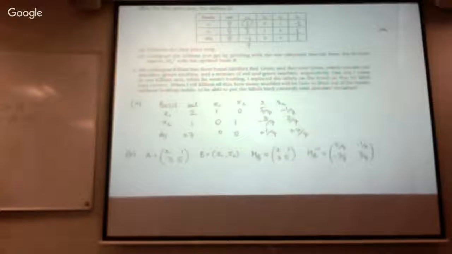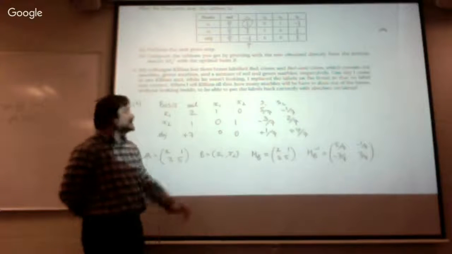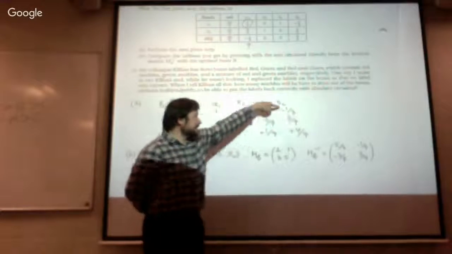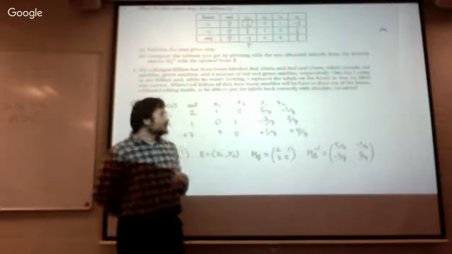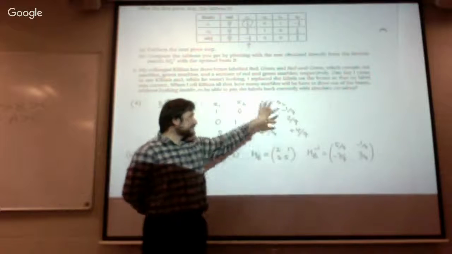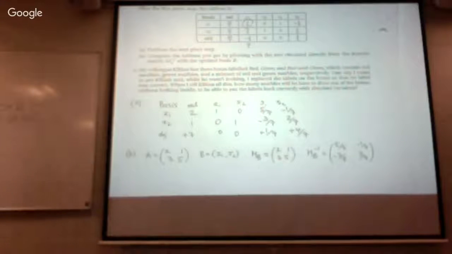Okay, and this is, as we saw last week, what's supposed to be in the slack part of the tableau, and indeed it's there. So without pivoting, you can get this bit of the tableau once you know the basis.